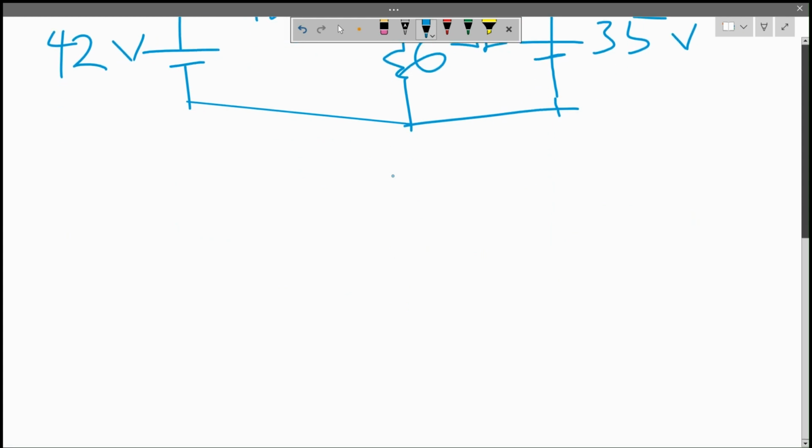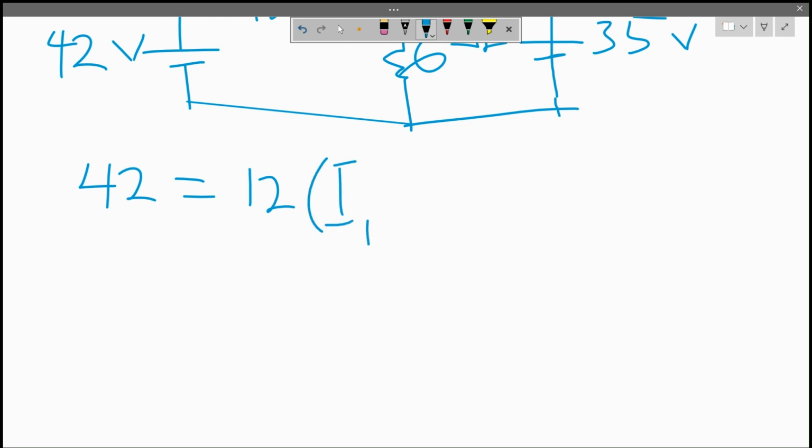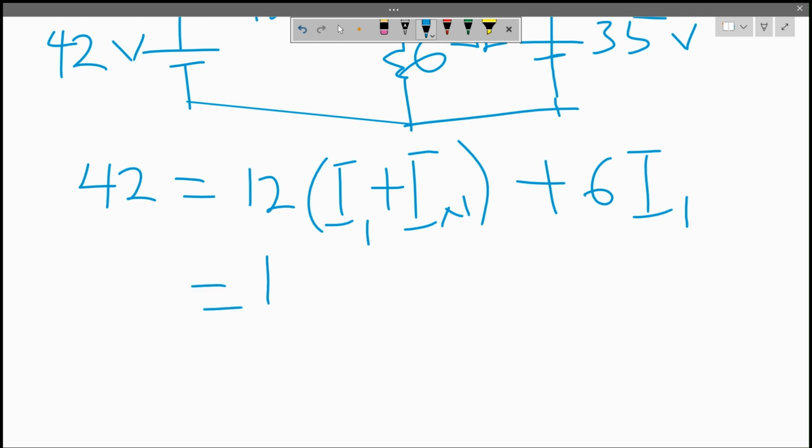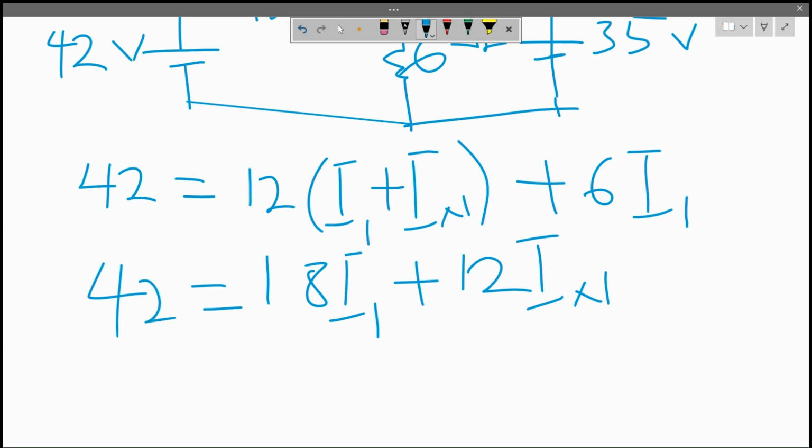Now from the first loop, we have 42 is equal to 12 into bracket I1 plus IN, plus 6I1, which is going to give us 18 I1 plus 12 IN equals 42. Now we have equation 1.